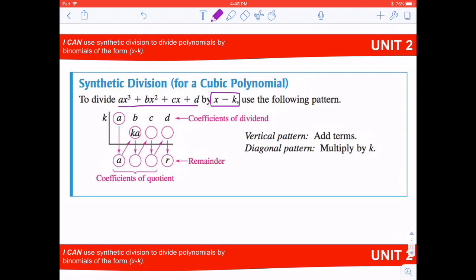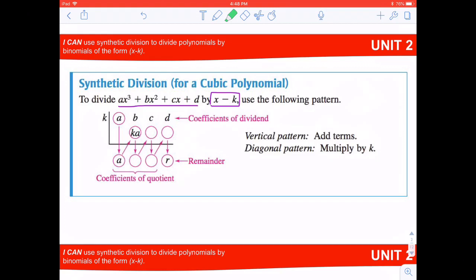So k represents some kind of number, so it could be x minus 2, could be x plus 2, x minus 3. Whatever it is, it has to be in that form where the coefficient of x is just 1, and then we're adding or subtracting a number there. If we have that form, then we can go ahead and set up our synthetic division.